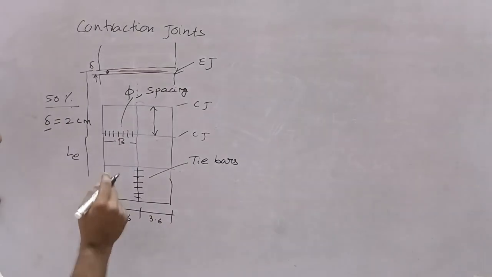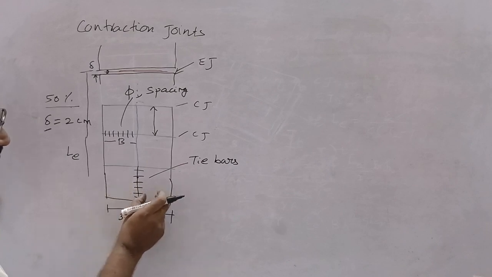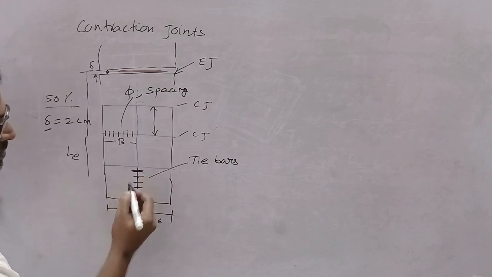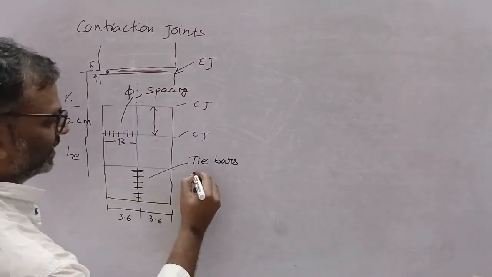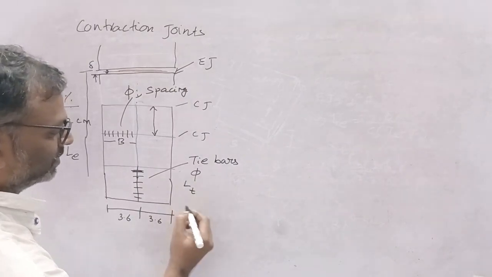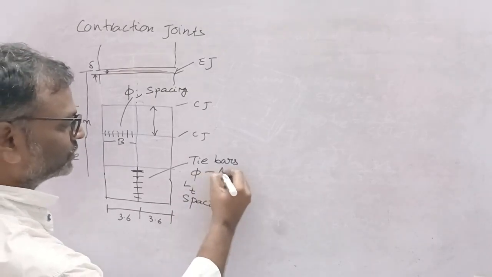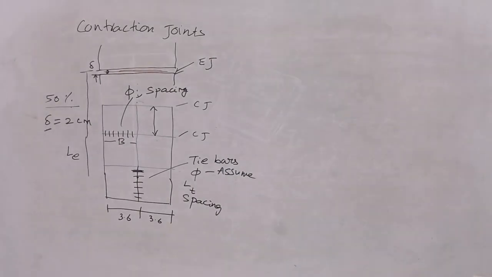Tie bars, and here also, because of the contraction, you have to assume some diameter of tie bar, and find the length of tie bar and spacing.